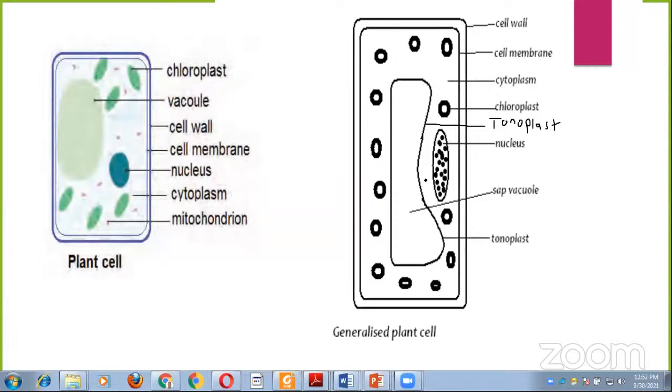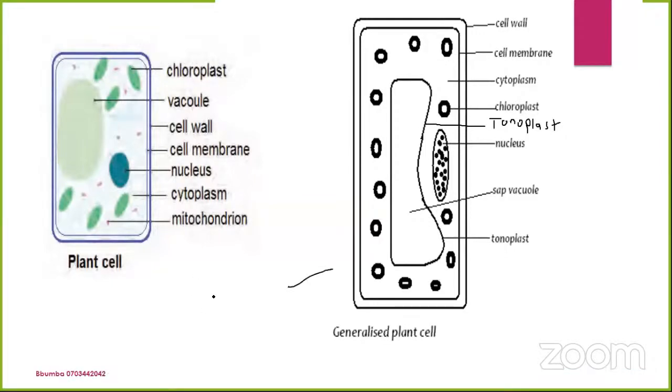Then Sylvia says, does a plant cell have a lysosome? I'll comment about a lysosome. As I said, I don't know where some of you are getting some of these structures, because when we are learning about a simple plant and animal cell, a lysosome is a structure which, once its contents are released within a cell, can destroy the whole cell.